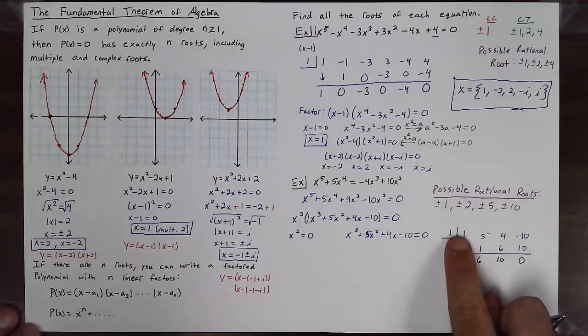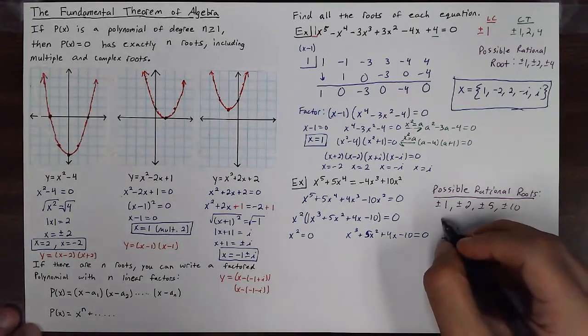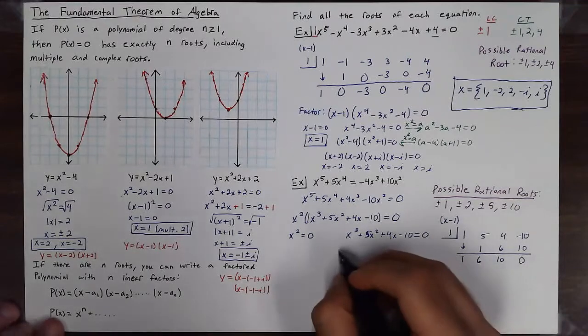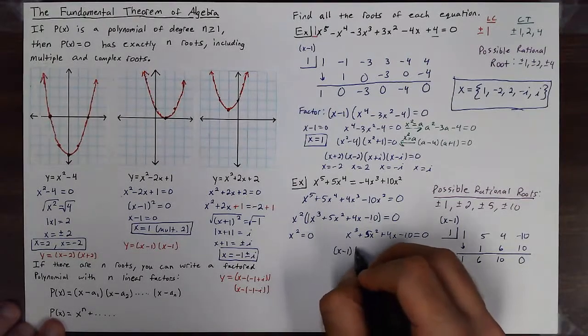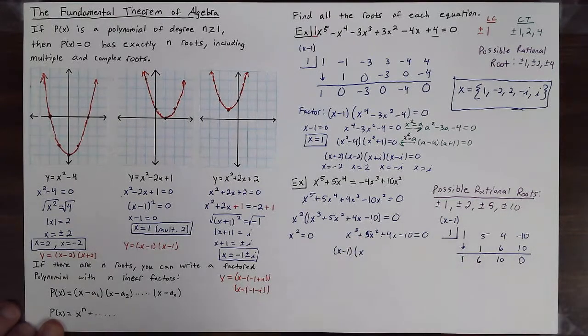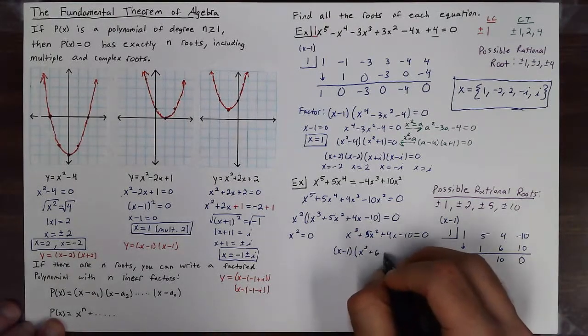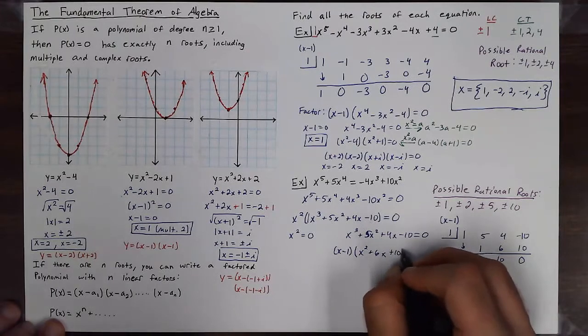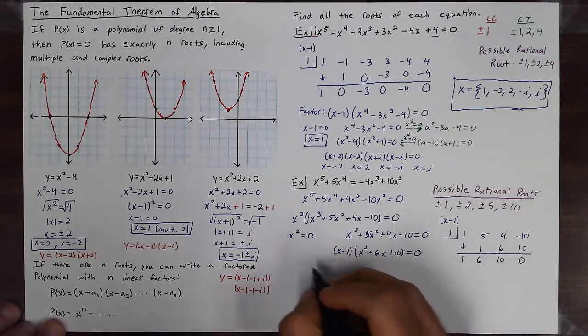So 1 is a root of my polynomial, which comes from the factor x minus 1. So I can factor this to be x minus 1 times x squared, again 1 less power from what you started with, plus 6x plus 10. And now I can set both of those factors equal to 0.